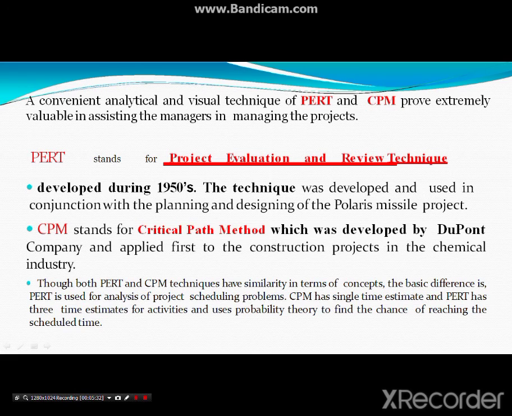PERT uses probability theory to find the chance of reaching the scheduled time, whereas CPM uses definite values for getting the scheduled time of the project.